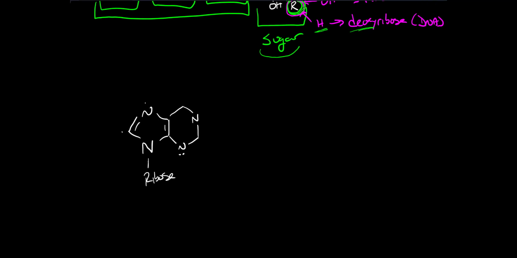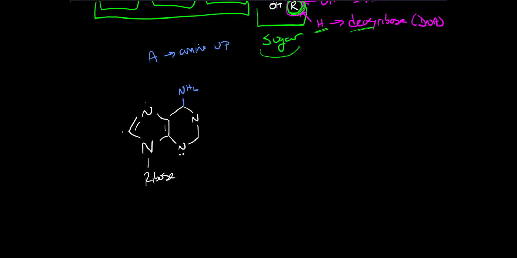All right, so now what we need to think about is what gets attached to it. And for me, the way that really makes sense to me is to remember that adenosine A has an amine up. So pointing up off of this second ring is an amine, NH2. Okay?